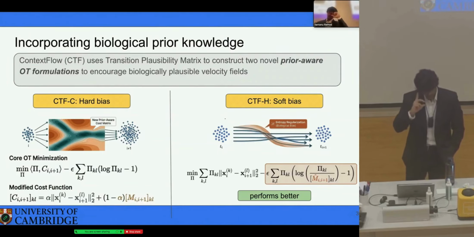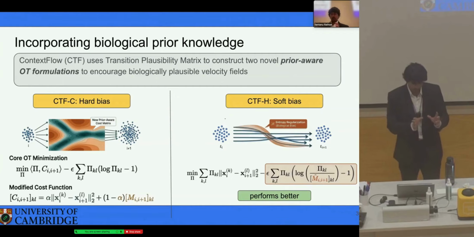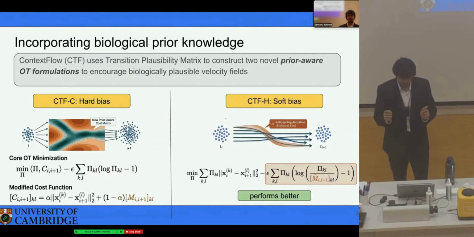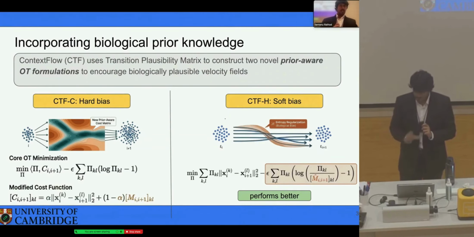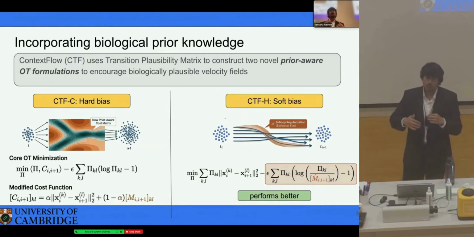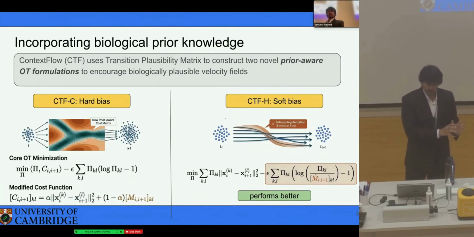The left one is a harder constraint, in the sense that it's telling you the transition between cells K and L should not happen if they have a higher cost, in terms of how different their gene expressions are, but also how implausible you think this transition is based on your prior knowledge. So you incorporate all of this directly into the optimal transport cost function.